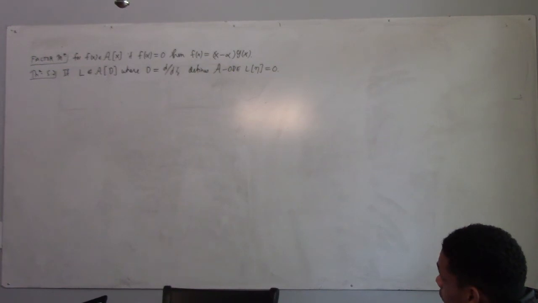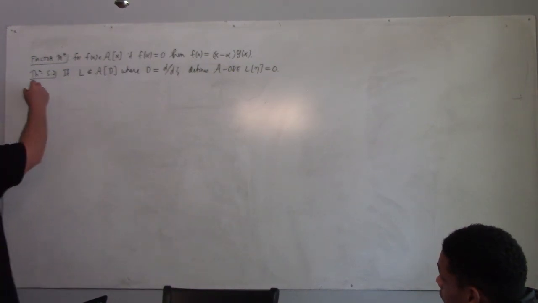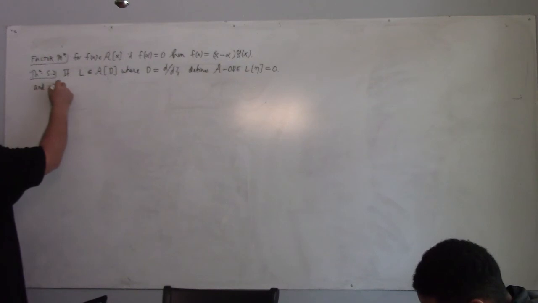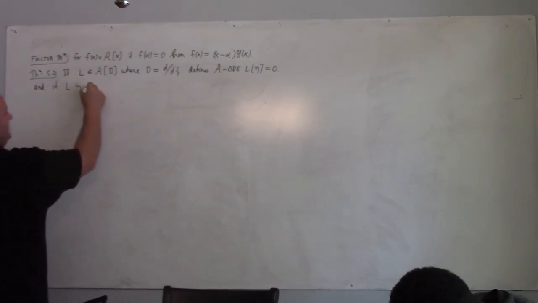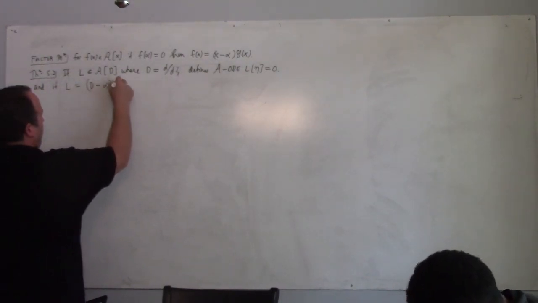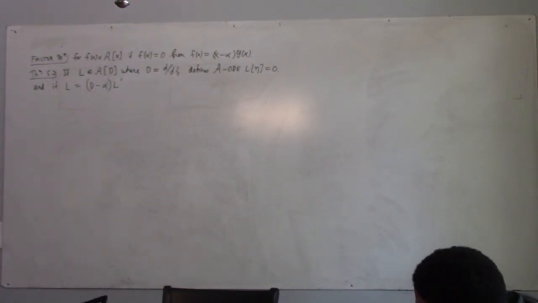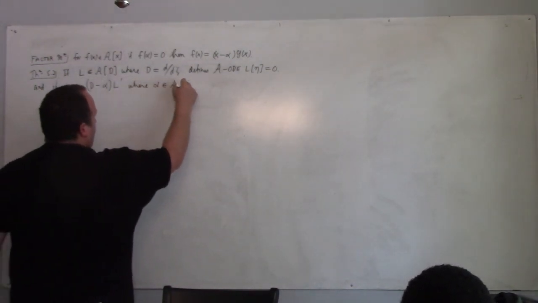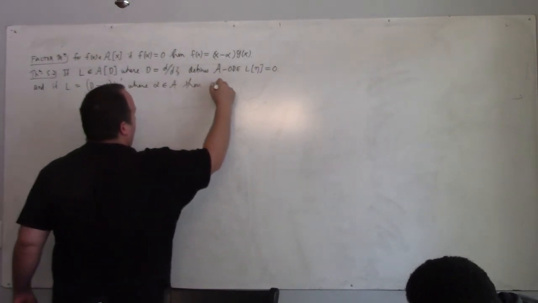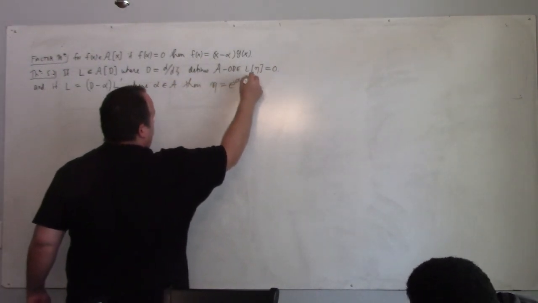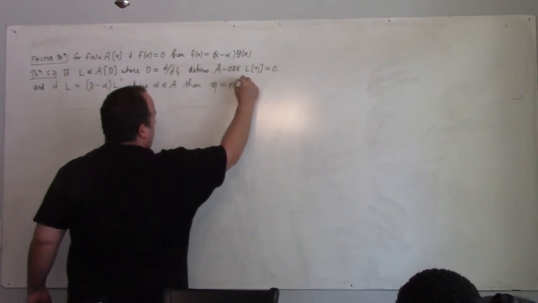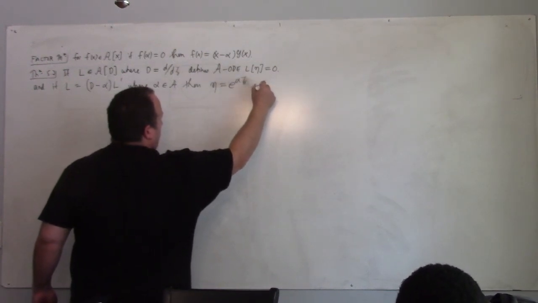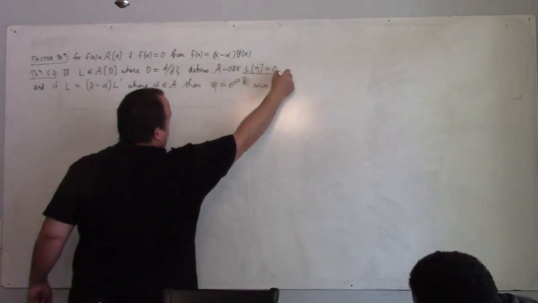If you have this and that, and if L is equal to d minus alpha times L prime, where alpha is an element of A, then eta equals e to the alpha zeta solves. We call this thing star.